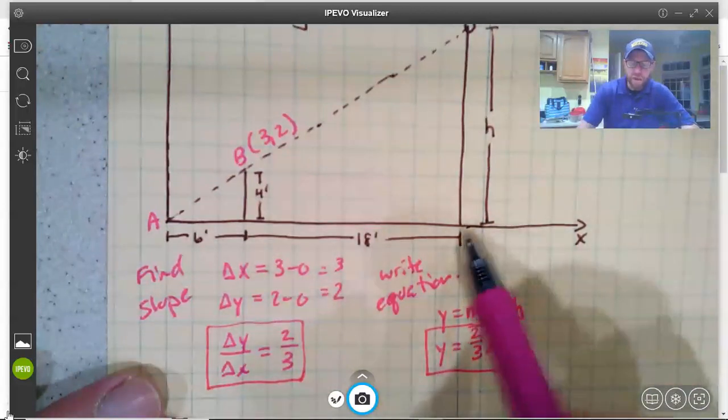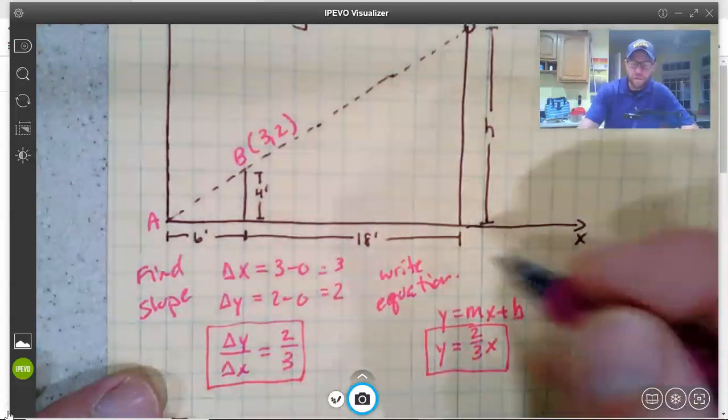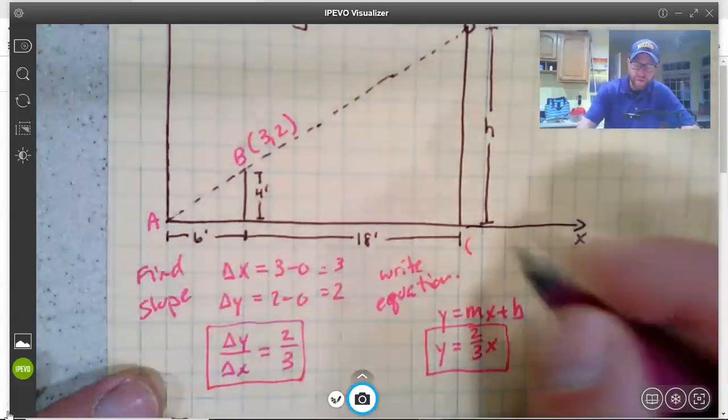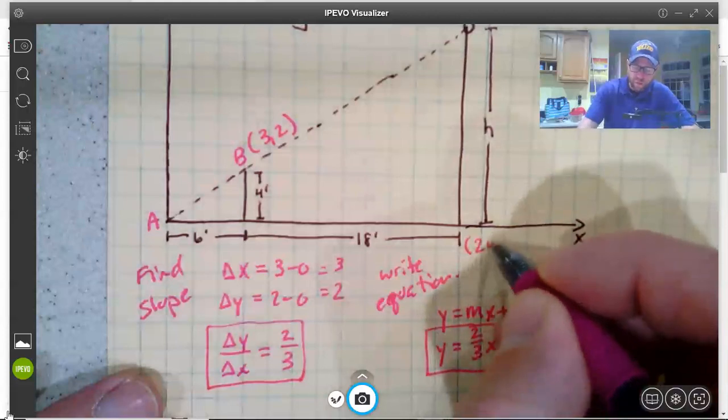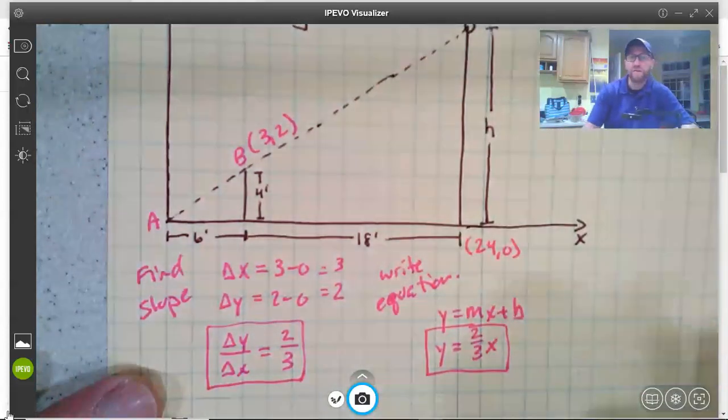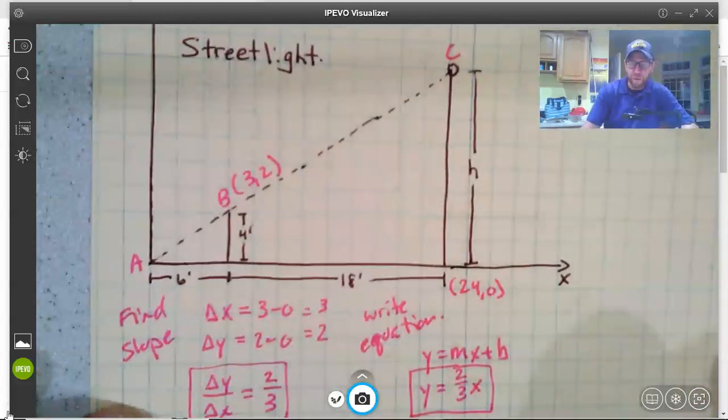And now I'm just going to plug in the x-coordinate beneath the street light. So we've got 6 plus an additional 18, so this is the point (24, 0), and we're trying to find C. It's very similar to the box problem.